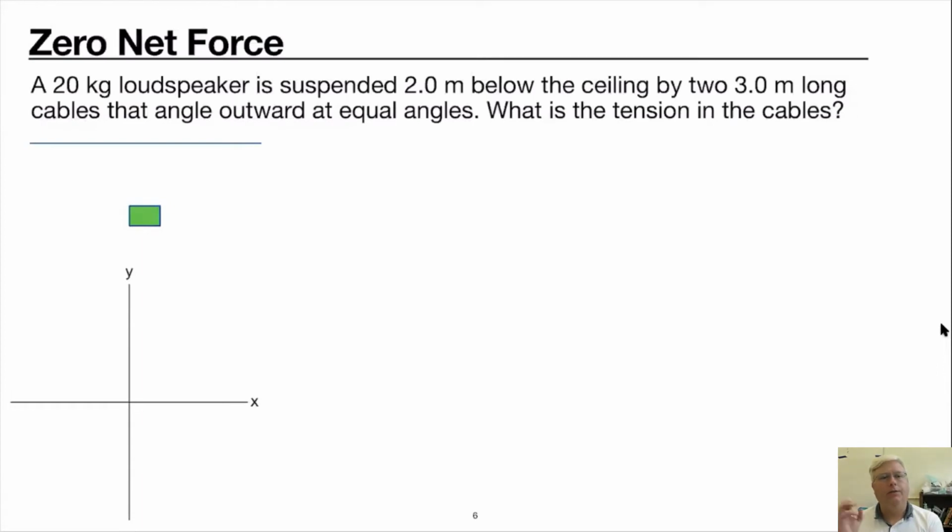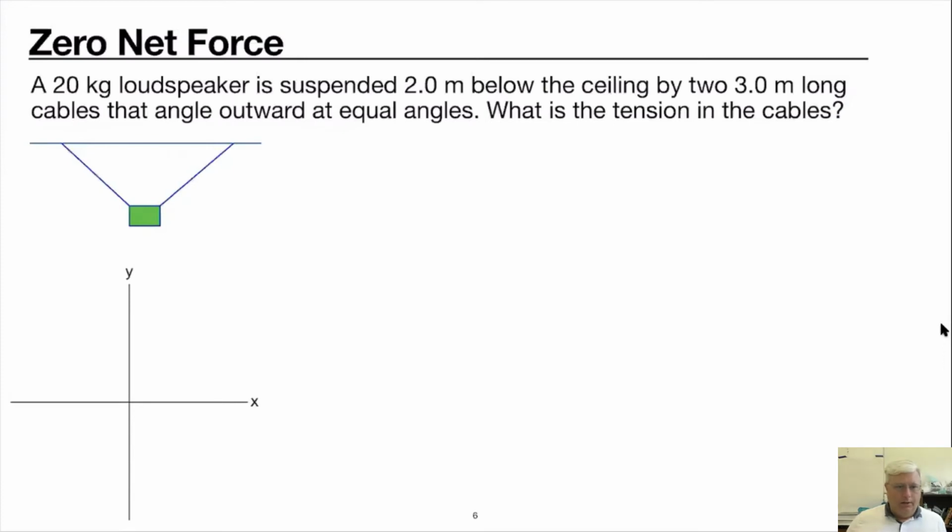And it's being suspended by two cables that are angled outward at equal angles. Okay, so they're angled outward. So that's going to look like this. All right, so something like that.